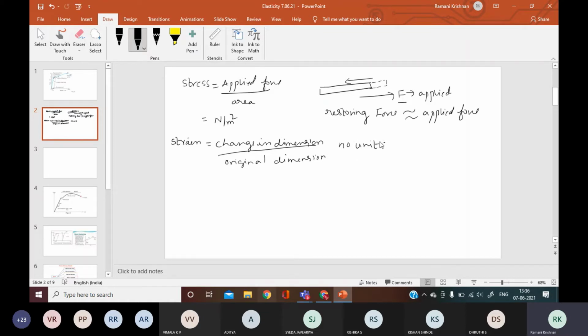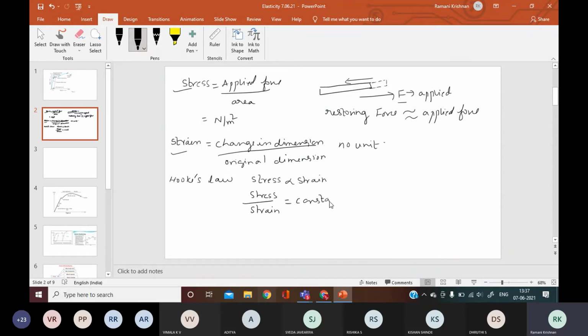Then, according to Hooke's law, now that we know what stress is and what strain is: if it is change in length to the original length, or change in volume to the original volume, it has no unit. Hooke's law states that stress is proportional to strain within the elastic limit, or stress by strain is a constant.